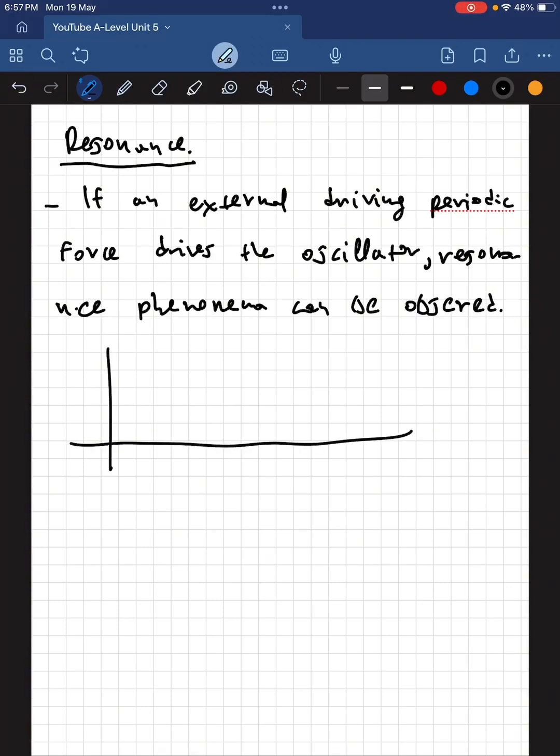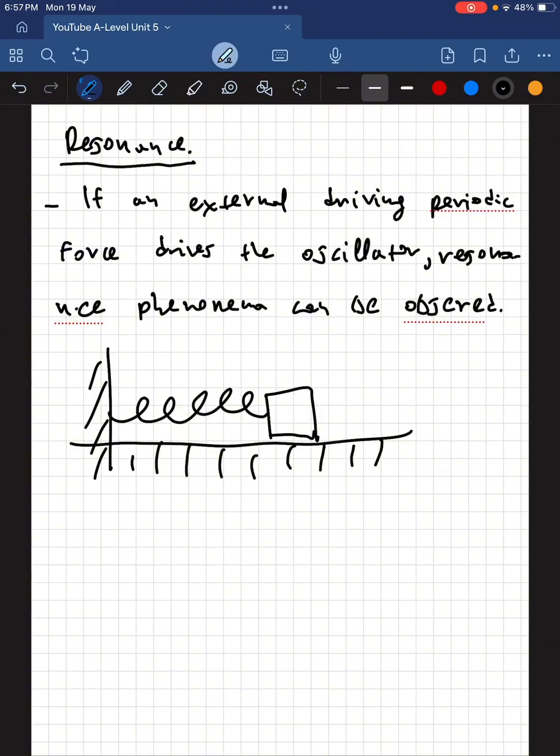So what I mean is that if we are dealing with a spring, let's say it's attached to a wall, and this is an object of mass m, and the driving force will be, for example, a person pulling this spring back and forth, okay? So this is the driver. Like maybe I pull it in the beginning and then I keep pushing it.